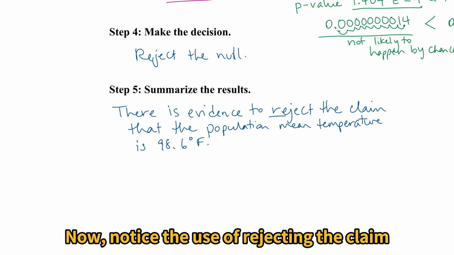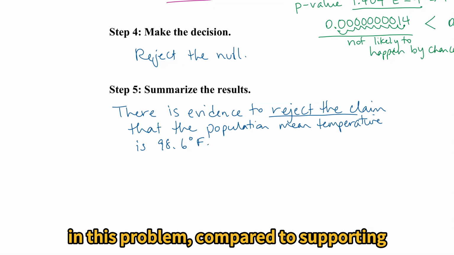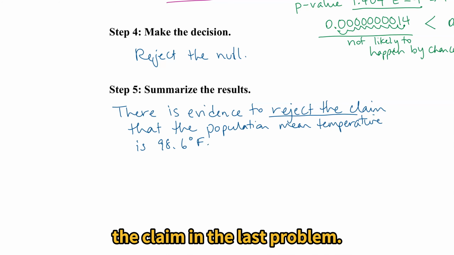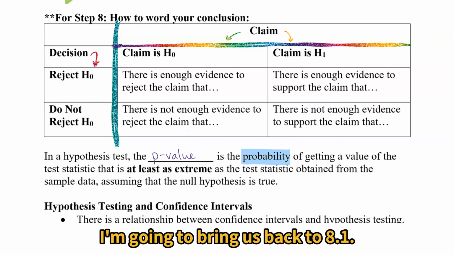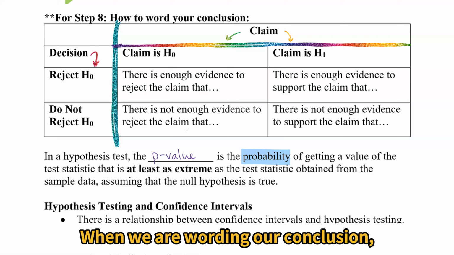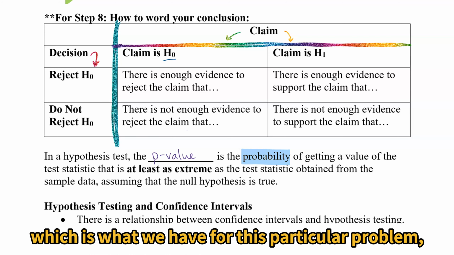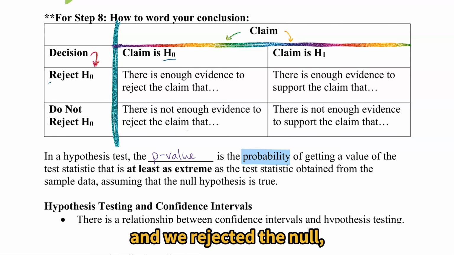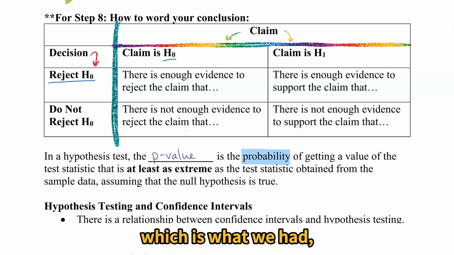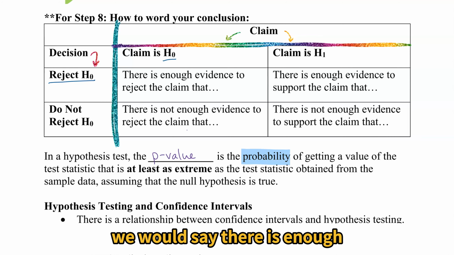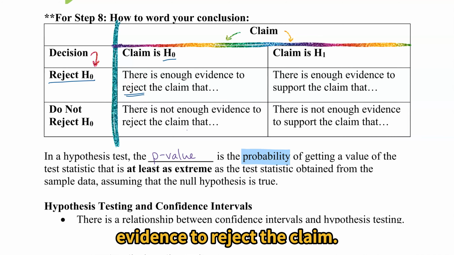Now notice the use of rejecting the claim in this problem compared to supporting the claim in the last problem. In referring to that, I'm going to bring us back to 8.1. When we're wording our conclusion, if the claim is the null, which is what we have for this particular problem, and we rejected the null, which is what we had, we would say there is enough evidence to reject the claim.